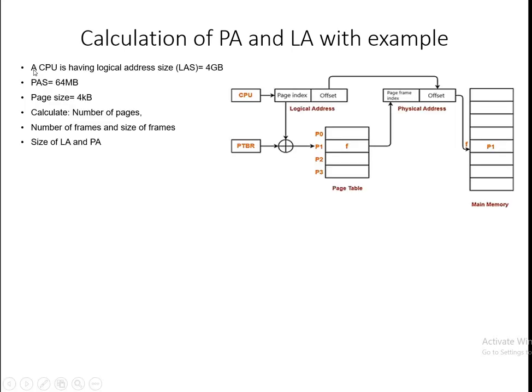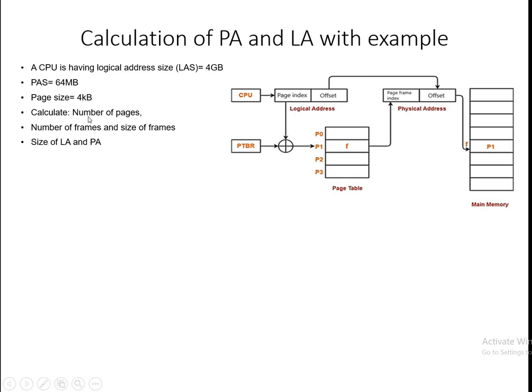Let's suppose we have a logical address size equal to 4 GB, and a physical address size of 64 MB. This means the size of our main memory will be 64 MB, so the total number of frames will be based on 64 MB, and the page size will be 4 KB.